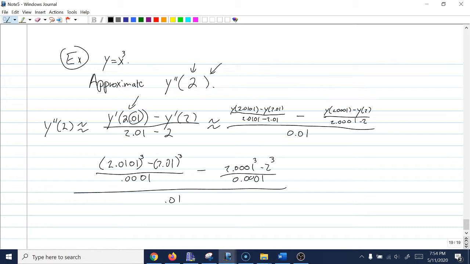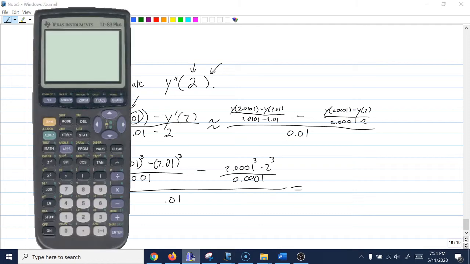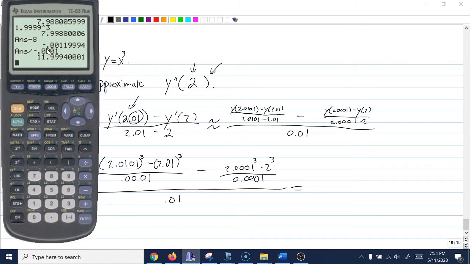Anyway, you type all this mess in. What are we going to get? Get your calculator. What is 2.0101 cubed minus 2.01 cubed? Now divide that by 0.0001, and I'm getting 12.120903.